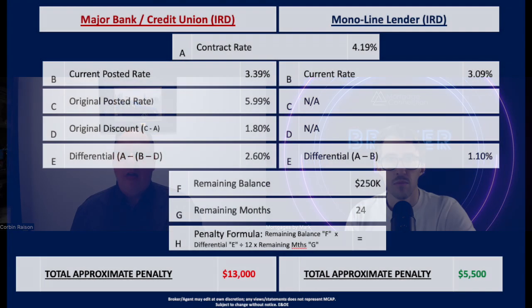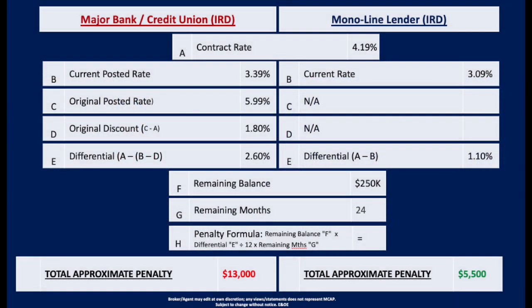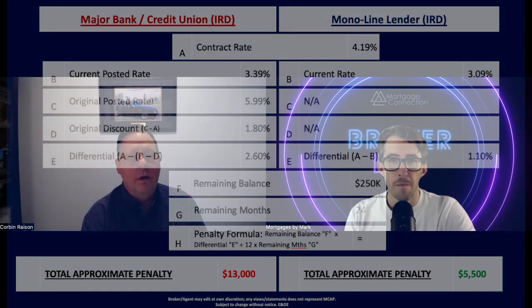But when we're talking fixed rate IRD calculations, this is where such a difference can be made, because when we're taking our discount rates and calculating the penalty against that rather than the 5-year posted rate out there, I have seen differences of over $20,000 on penalties. No joke. And this is something that doesn't get talked about enough.